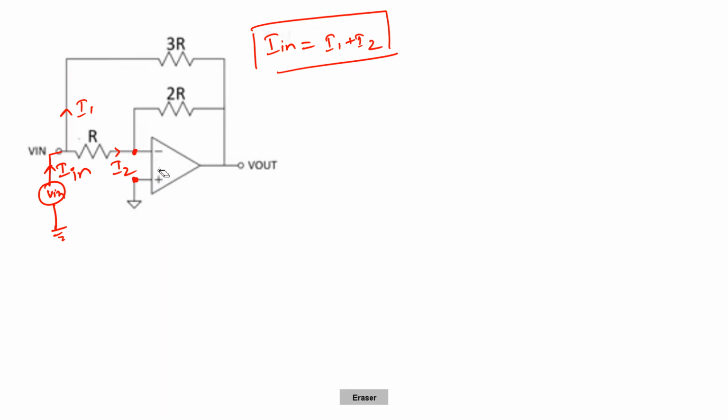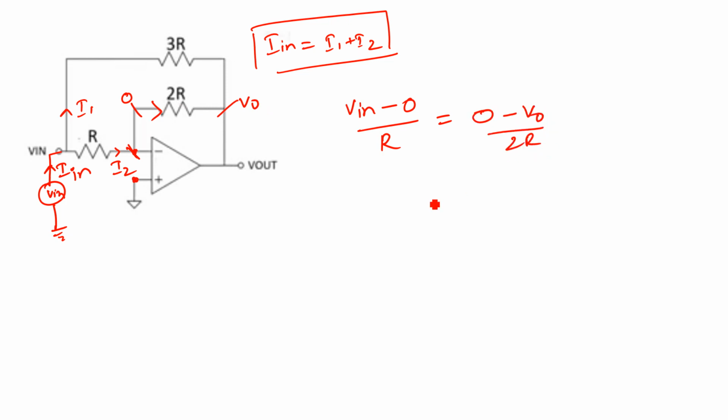So the current flowing through the resistor R will be Vin minus the potential here, which is 0, upon R, which will be equal to the current flowing through this. Here the voltage is 0, here it is V naught, hence we write 0 minus V naught upon 2R, and hence we get V naught equals negative 2 times Vin.